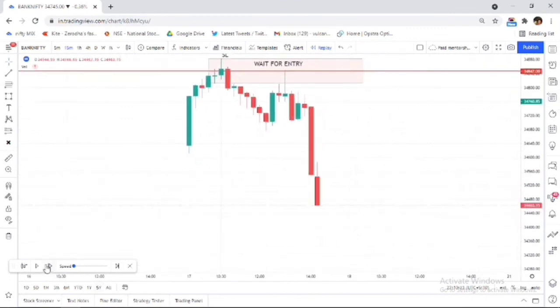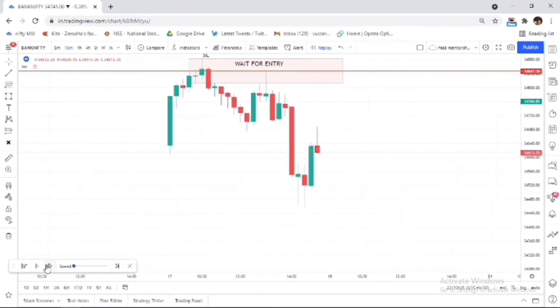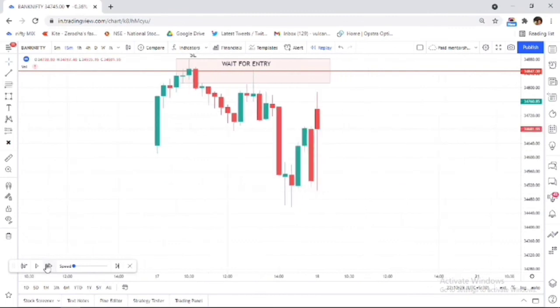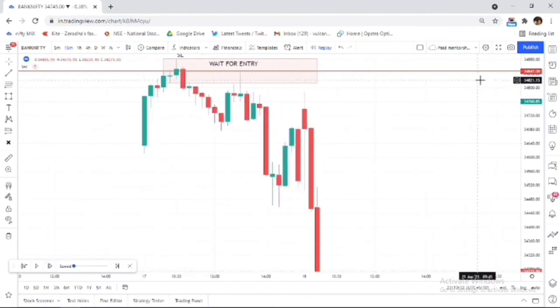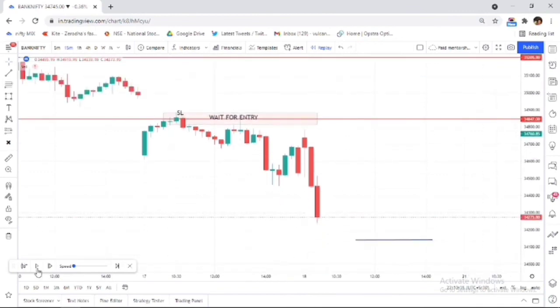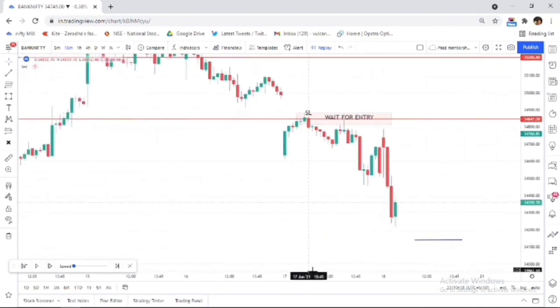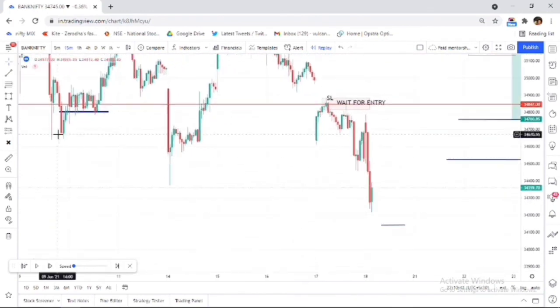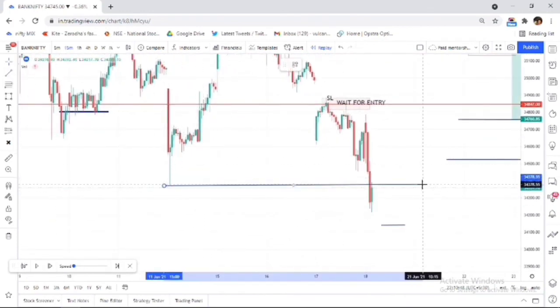And what should be my target? My target should be below the old higher low. This is my old higher low, and I will book my first profit here.